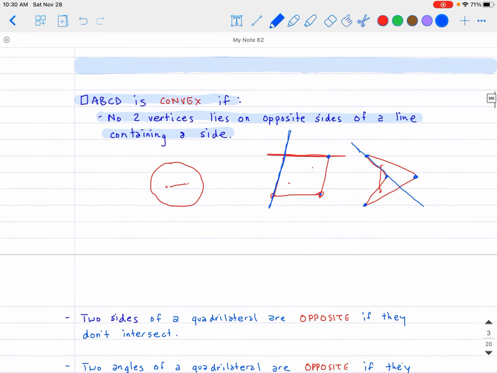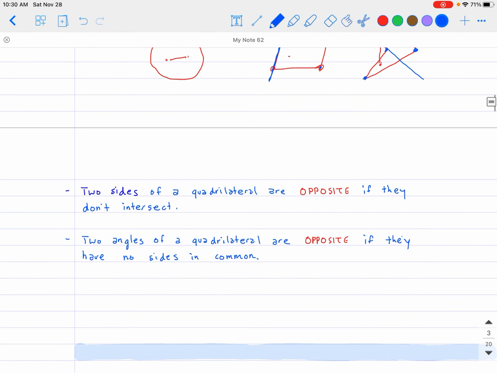All right, now that we have that out of the way, let's define a few more things, and then afterwards we can see what's so special about all of these. The next one is that two sides of a quadrilateral are considered opposite if they do not intersect each other. So let's draw a quadrilateral right here.